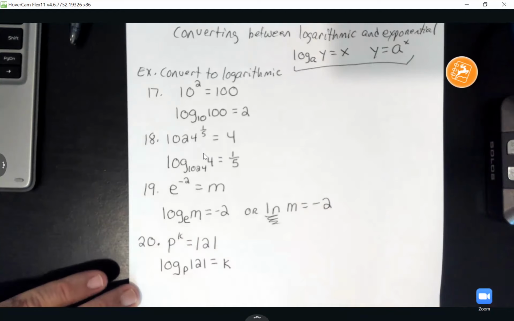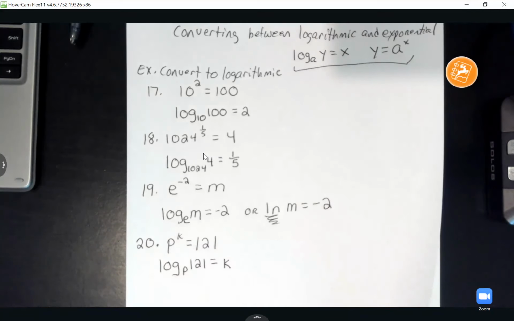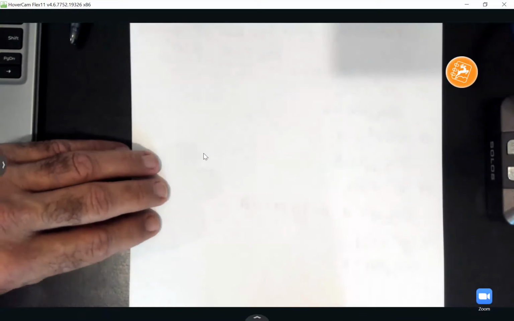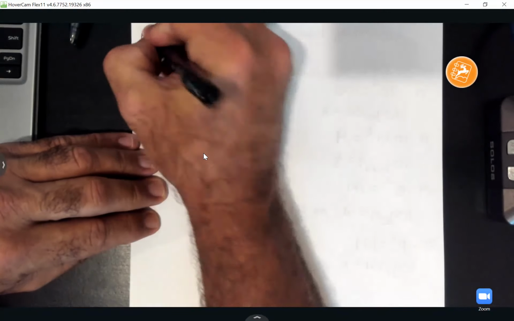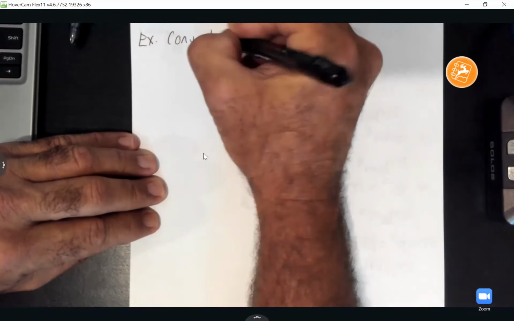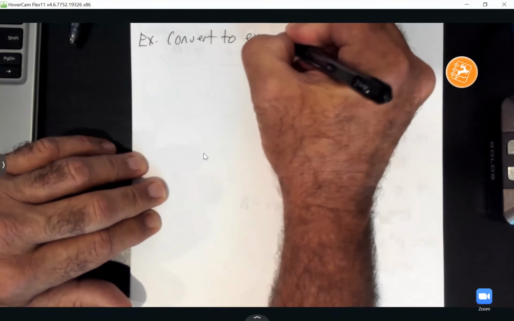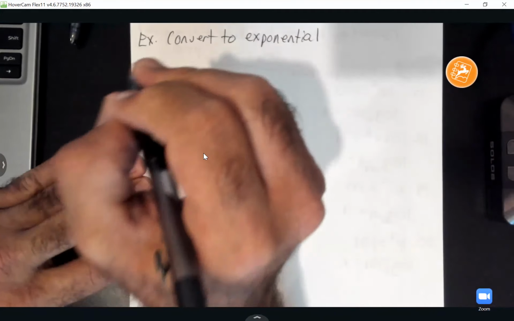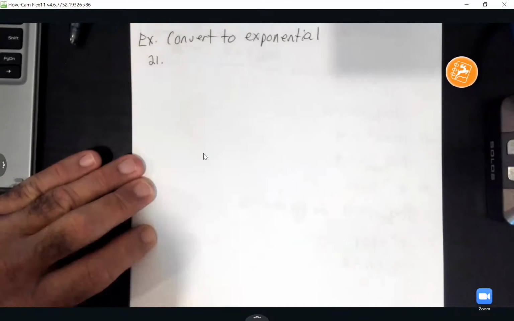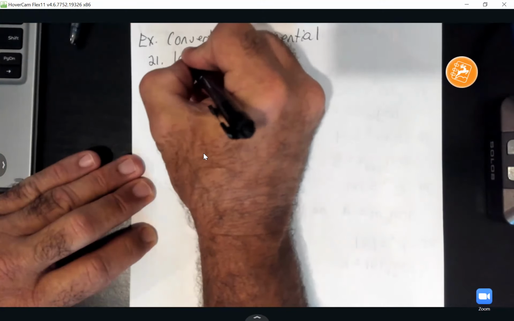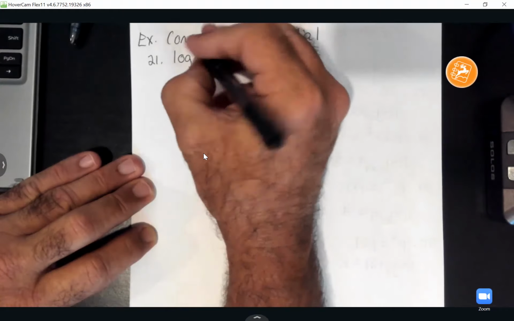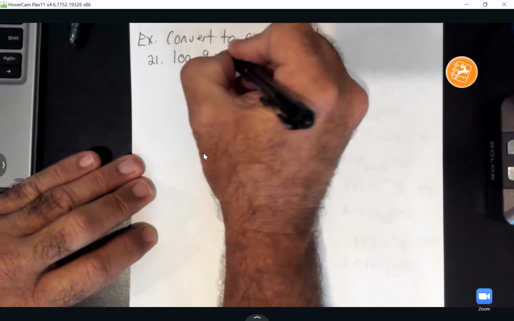So y'all, guess what? We're going to go the other way. And we're going to convert to exponential. Now remember those crossovers here. So number 21 has log base 3 of 9 equals 2.